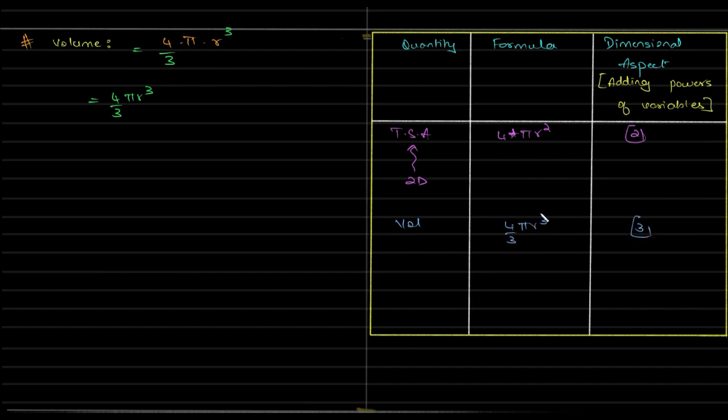The power is 3, right? How do you ignore the constant? Look at the power of the variable. So it's 3. We know that volume is 3 dimension, so this should be 3. As simple as that. So this is 4 by 3 pi r cube.